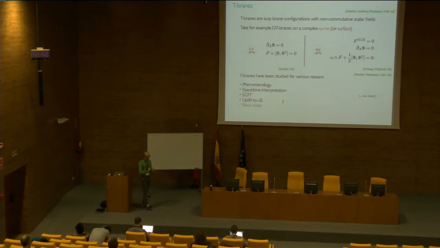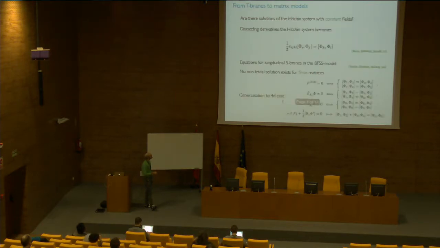Since these T-branes have non-commutative scalars, the space-time interpretation is not clear. Also, it's not clear how to encode this in the M theory dual to F theory. So this has been studied as well. We can use them for conformal theories, uplift to de Sitter. And now I would like to say that this can be used in principle also for black holes.